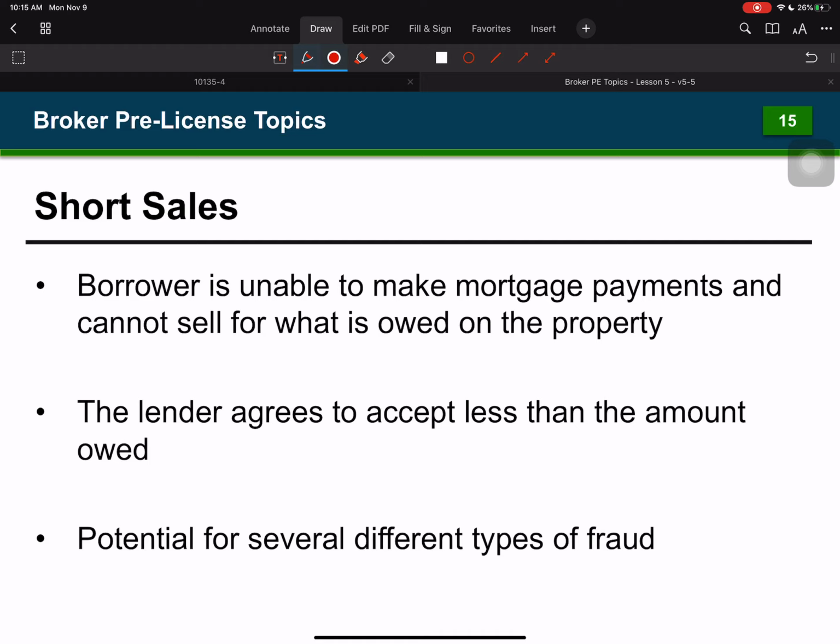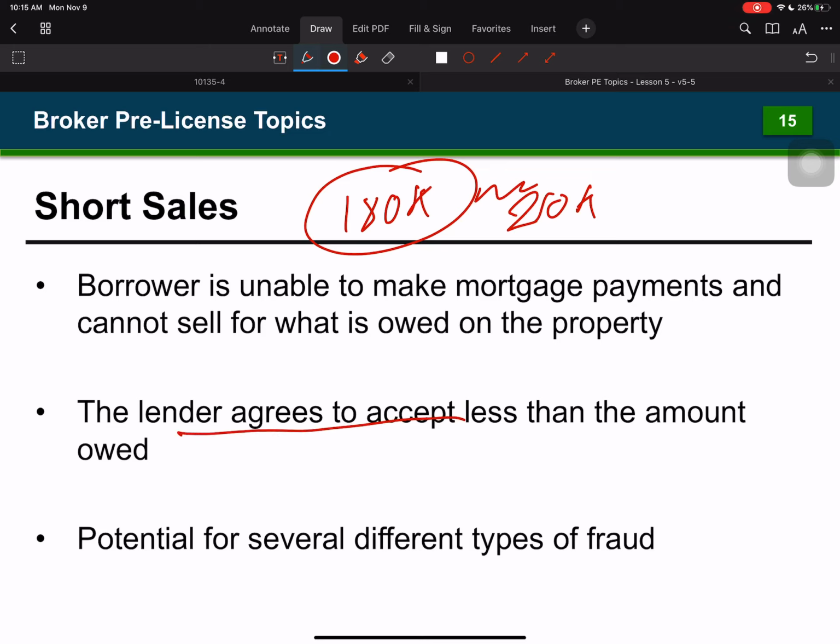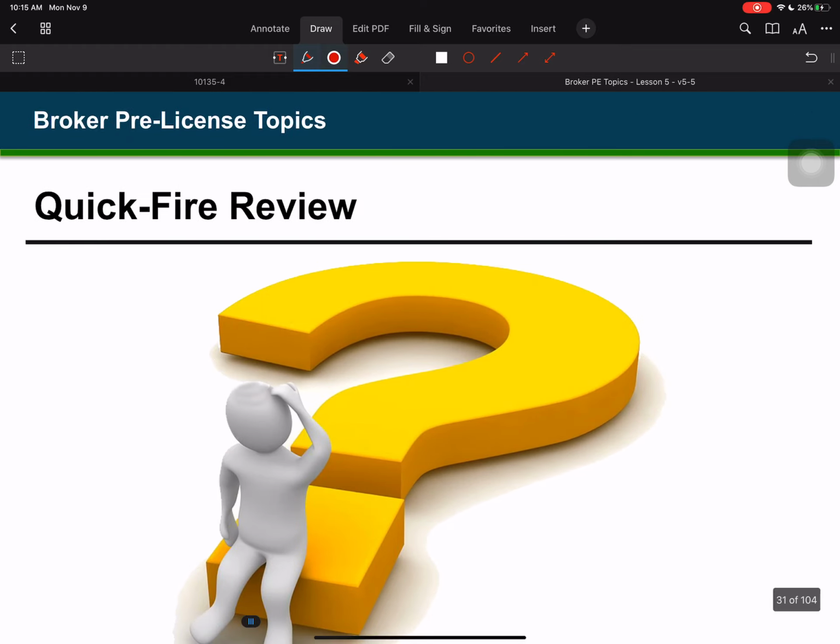The way this works is if they owe $210K but the house is only worth $180K in the market, then the bank will allow them to do a short sale, and the bank will then eat up whatever the rest was. The lender has to agree to accept less than the amount owed, and there is potential for several different types of fraud. Remember, as a realtor, we're not negotiating with the seller, we're going to be negotiating with the bank.